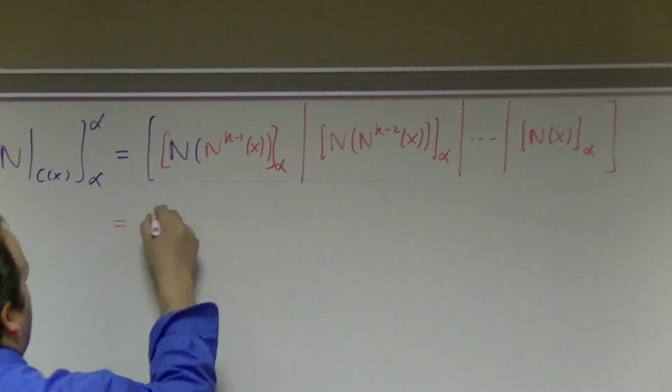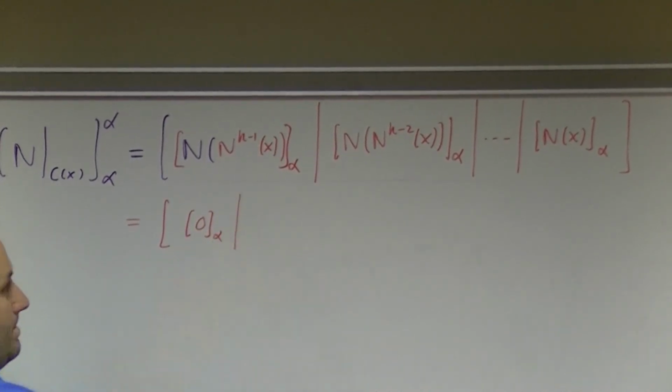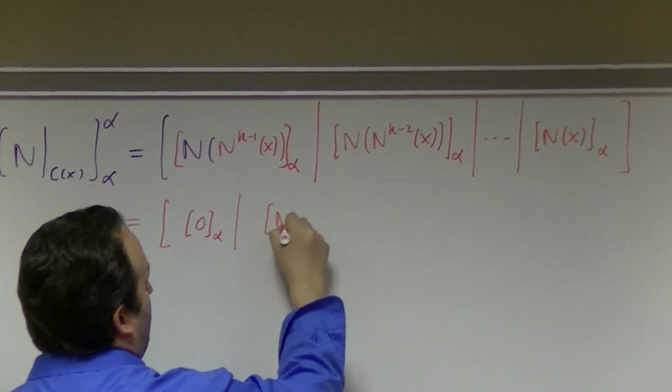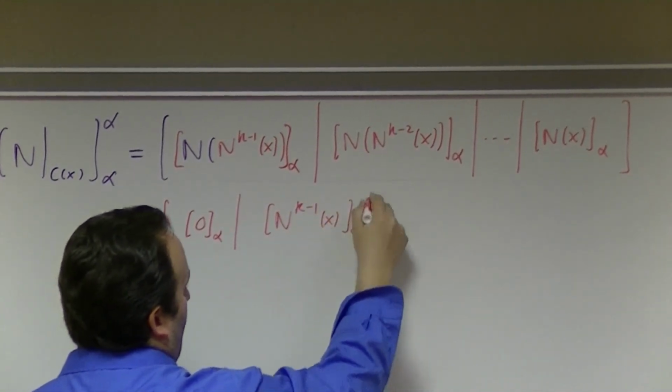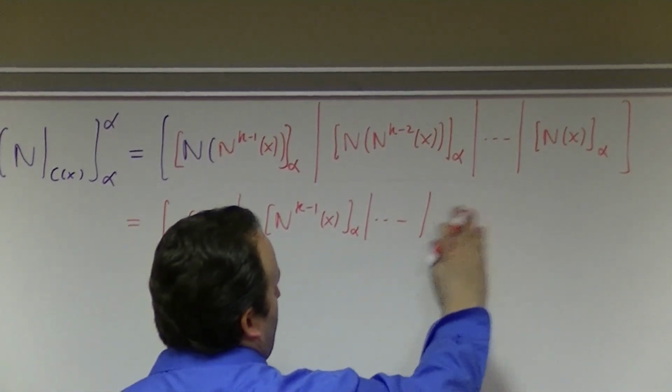So what do we got? We've got the coordinate vector of 0. This is the coordinate vector of n^(k-1) acting on x, and then the coordinate vector of x. Well, I can be more specific.